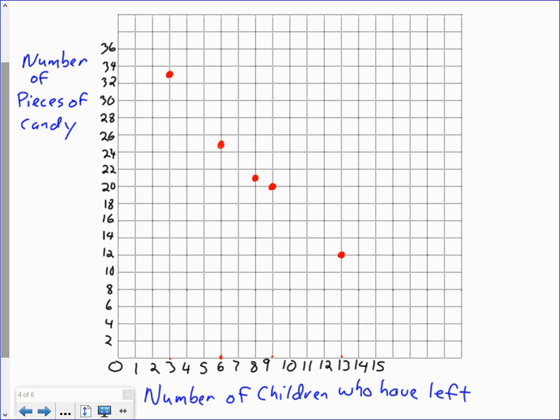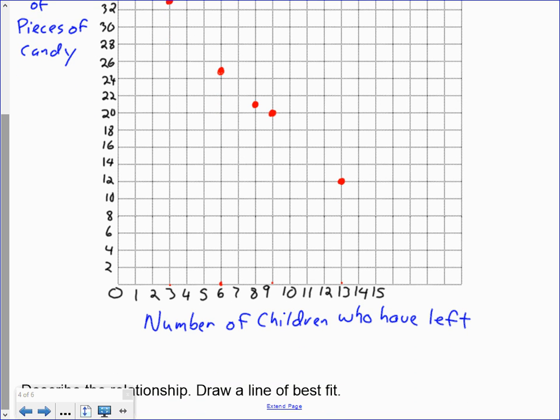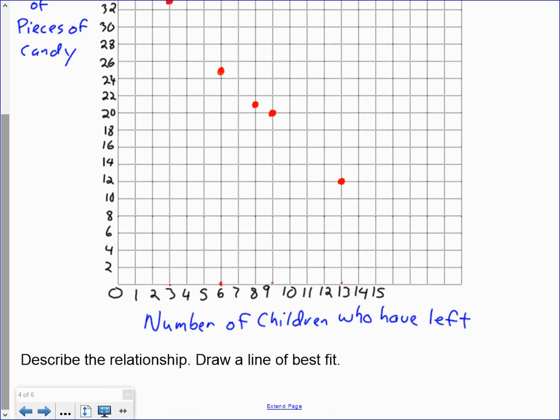Now, is there a trend or a relationship? What we can see in the data is that the points start up in the top left and they all fall down. They're gradually getting less and less as we go from left to right. So describe the relationship.